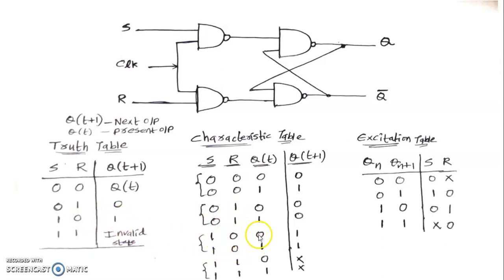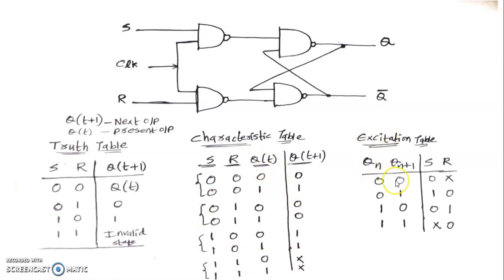If the present output is 0, it is changed to 1. If the present output is 1, the output is 1. Why? Because for 1, 0, the next state output is 1 only. For 1, 1 combination, whatever the present output, we are not able to predict, and it is an invalid output. So this is the characteristic table.